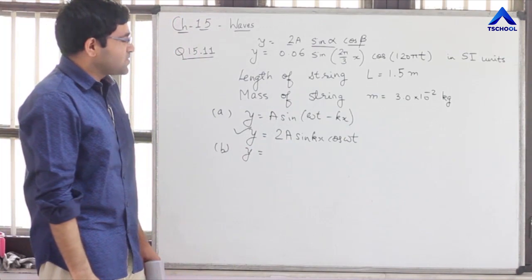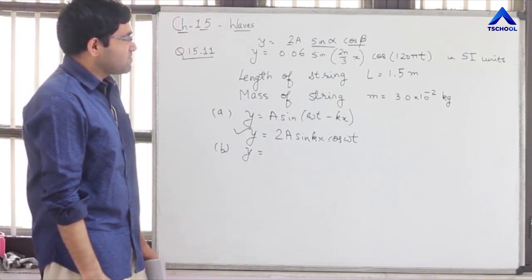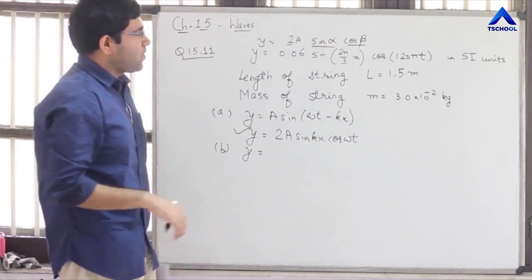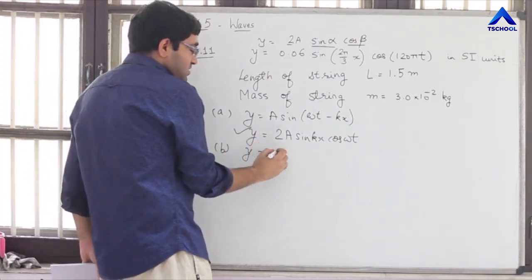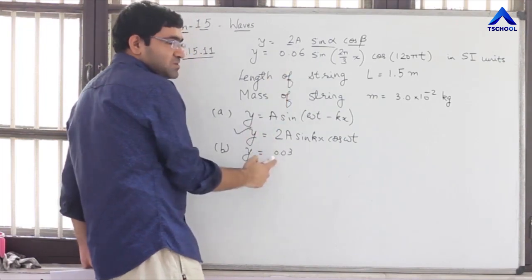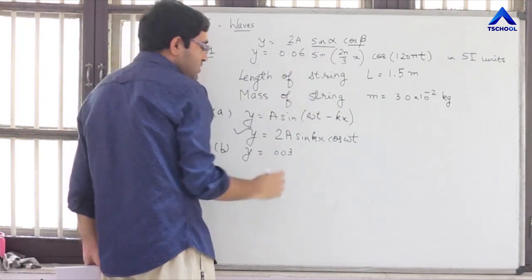So that allows you to easily say that if we write 2 sine alpha cos beta and we put it in form, we are going to get 0.03. Notice this, because the 2 goes with the formula.